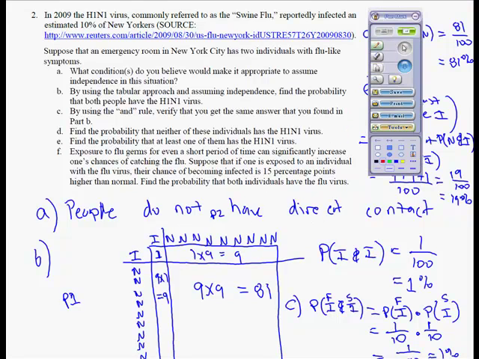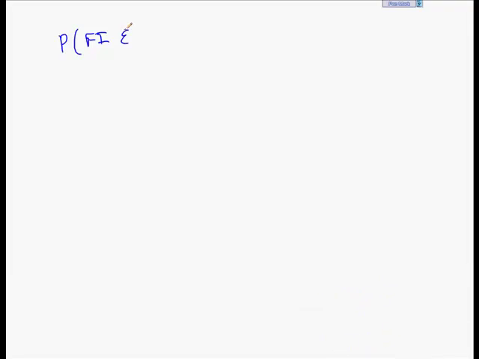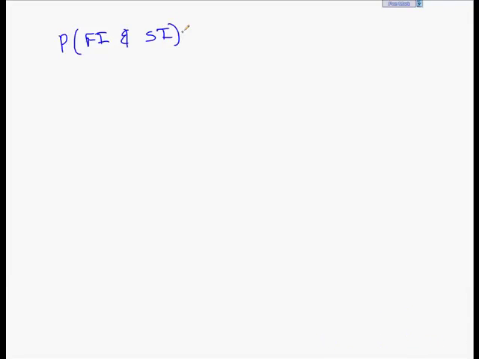Come over here to the next page. So here we are actually taking into account the fact that there is going to be some conditional probability. So the probability that person 1, I'll just say F-I just to be specific because now it does matter, first person infected and second person infected.